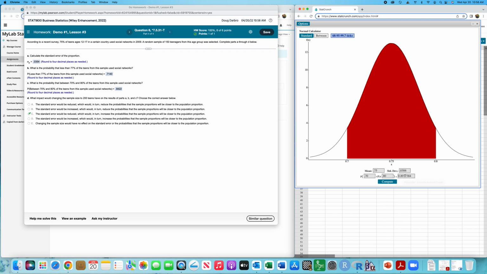Our probability went from 0.8422, and I'm looking at question C, it increased to 0.8977, right? So therefore, the probabilities of the proportion would be closer to the population proportion, making them increase. So this is the key word right here, increase.